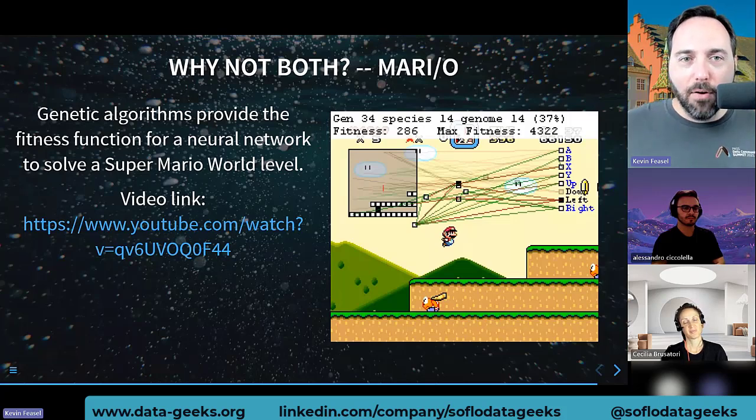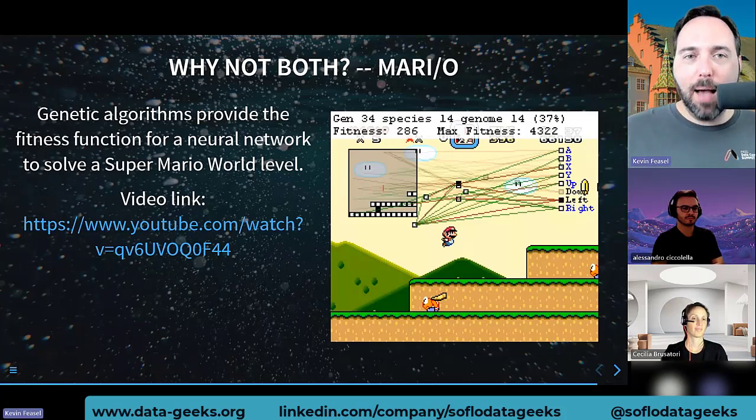So we're using genetic algorithms to give an answer for the neural network of: did you play this round well? Did you solve this level in a way that I want you to solve it? And we may include things like, how many coins did you get? How quickly did you complete it, etc.